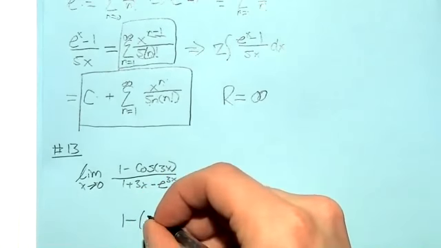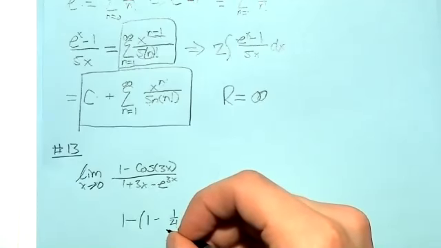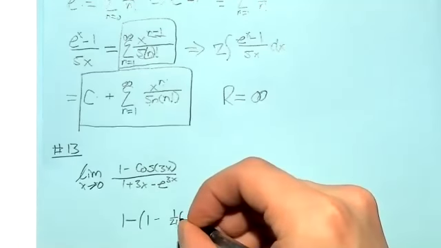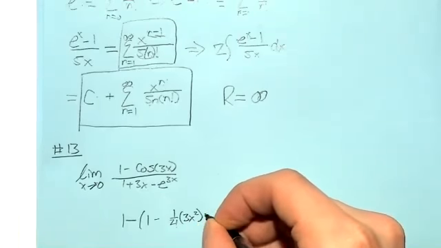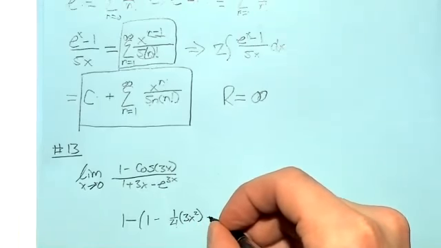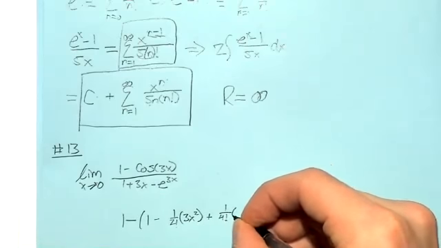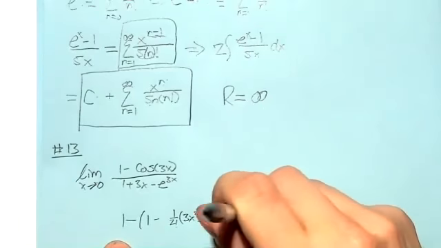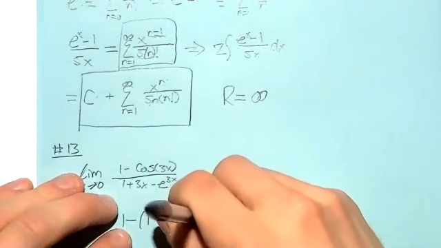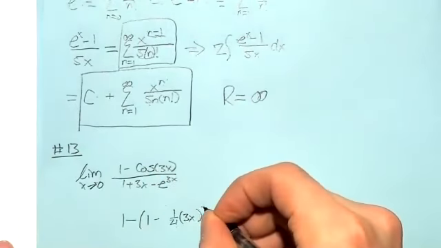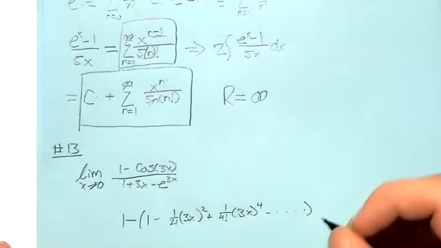So we're going to have 1 minus 1 over 2 factorial times, this would normally be just x squared, we're going to have 3x squared. And then we will have a plus 1 over 4 factorial times 3x, oh, this whole thing should be squared, sorry, 3x to the 4th, minus, and we go on forever.